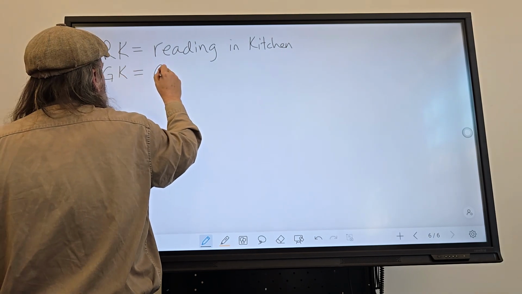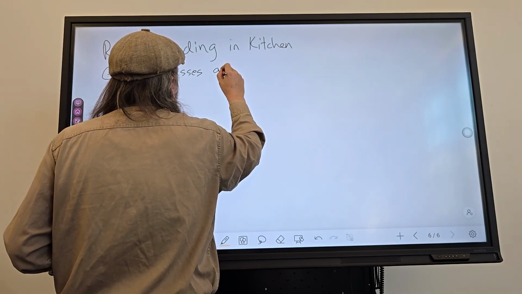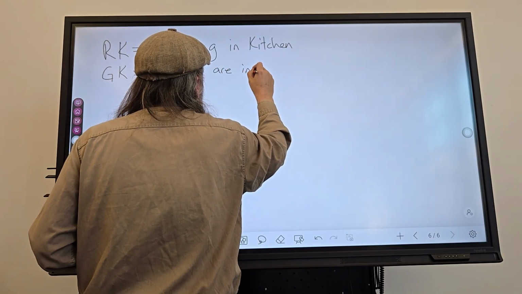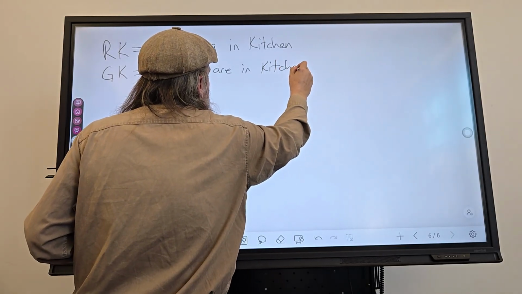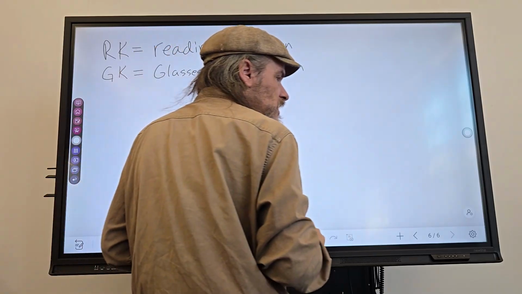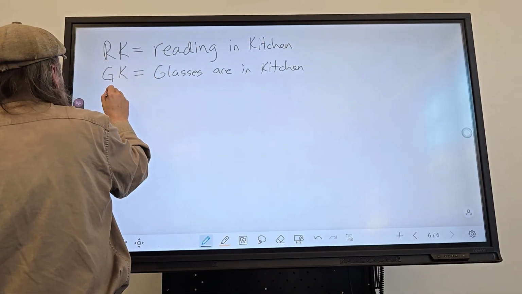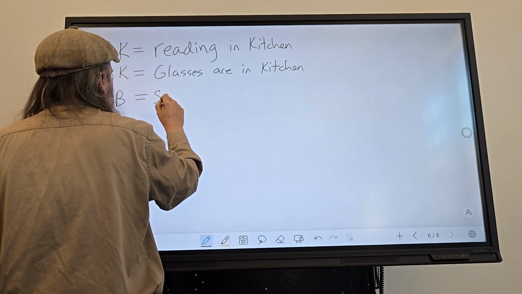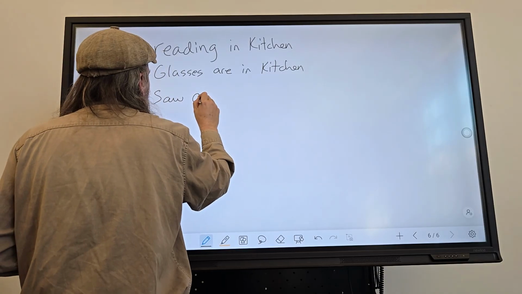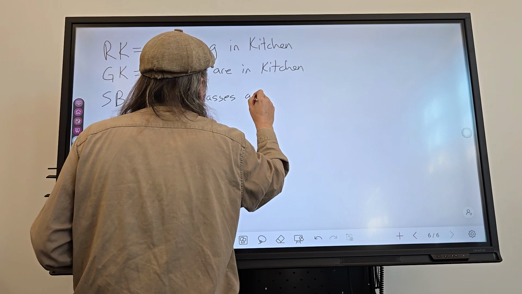GK: the glasses are in the kitchen. SB: saw glasses at breakfast.